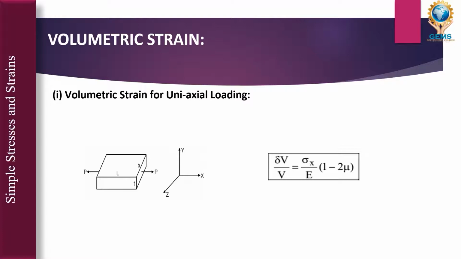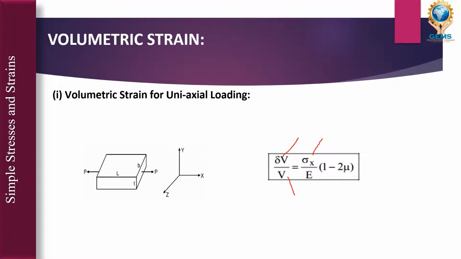So for uniaxial loading, volumetric strain del V by V is equal to sigma x divided by E into 1 minus 2 mu. Where del V is the change in volume, V is the original volume, and sigma x is the stress in x direction.